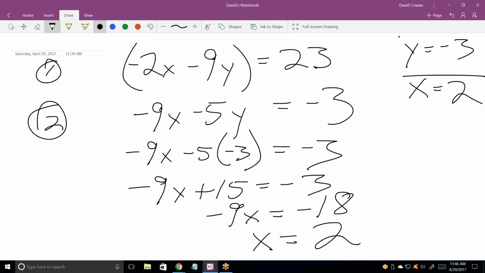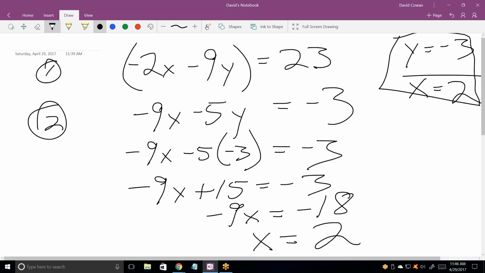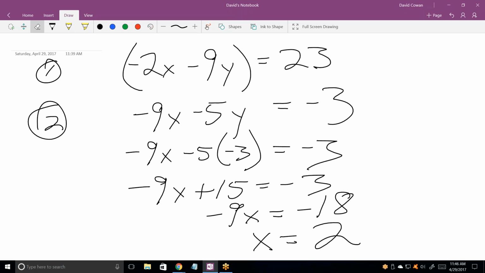Now, if your life depended on it, you could go back and check and make sure both of those solutions work in both equations. If my life depended on it, I would do that. Okay. If you're taking a speed test where you're being timed, well then you shouldn't do that. It kind of depends on how much confidence you have in your method that you did it right. Maybe it would be worth plugging those 2 solutions into at least one of the equations to make sure that it works.